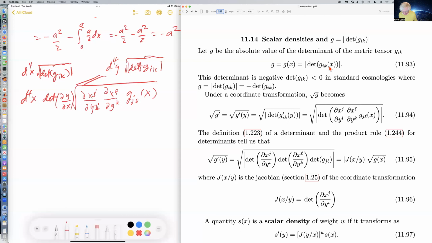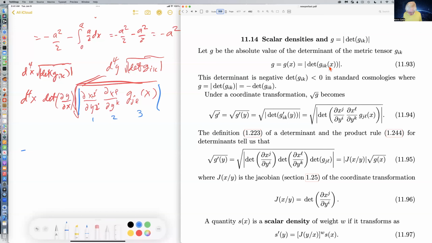So it looks like this. And here we have a square root, and there's actually a determinant here. So this is really a determinant of all this. And so this is a product of three determinants, this one, that one, and this one.